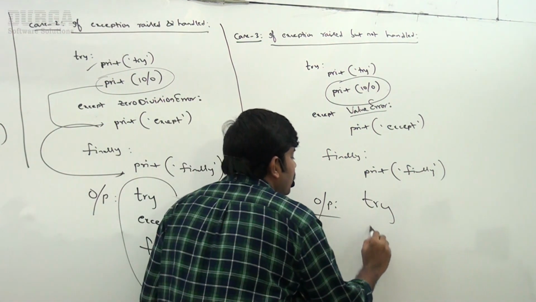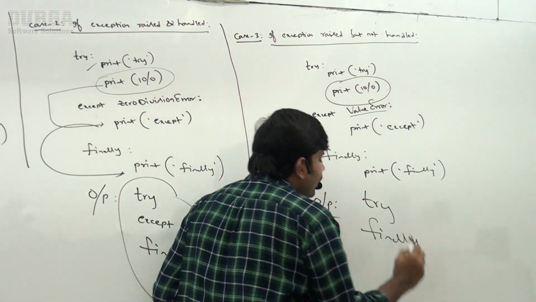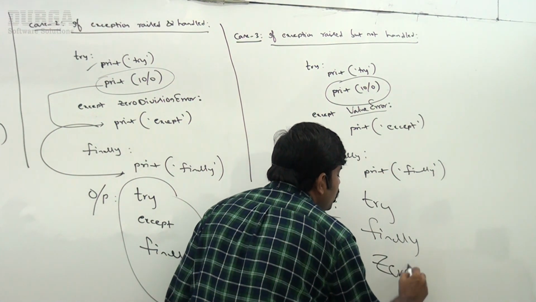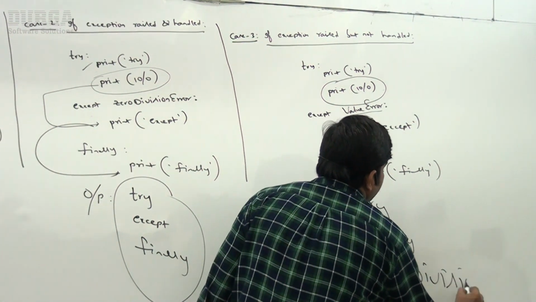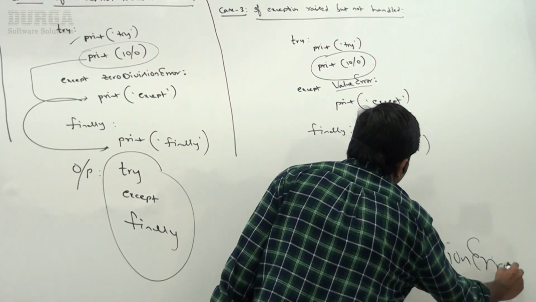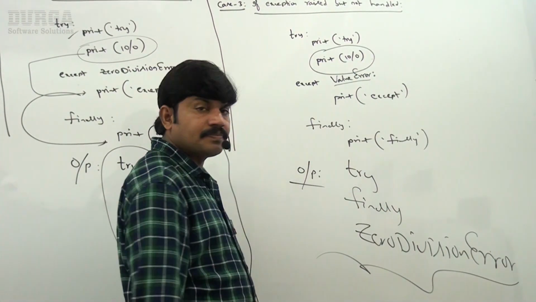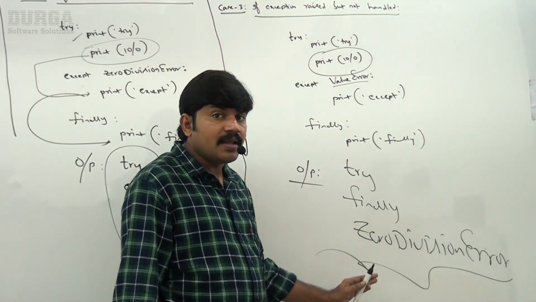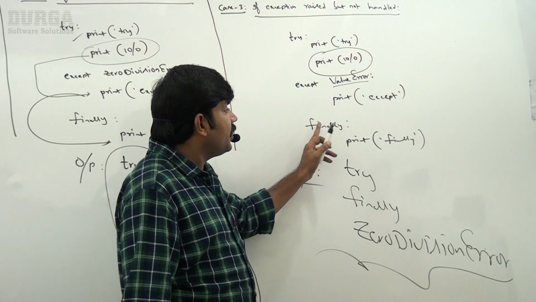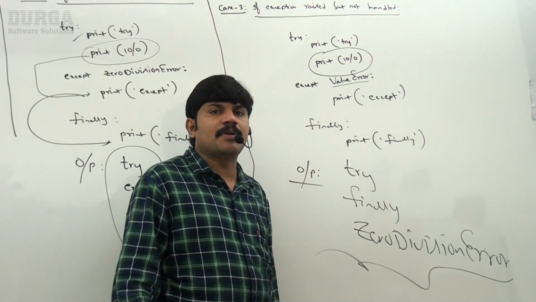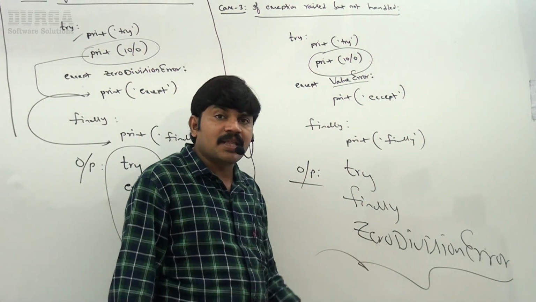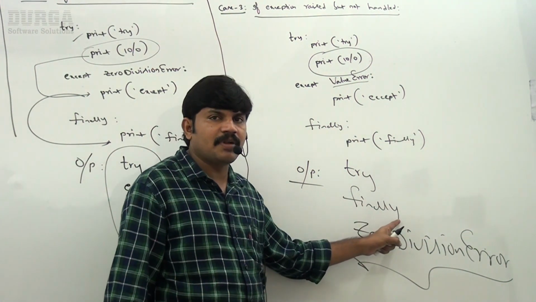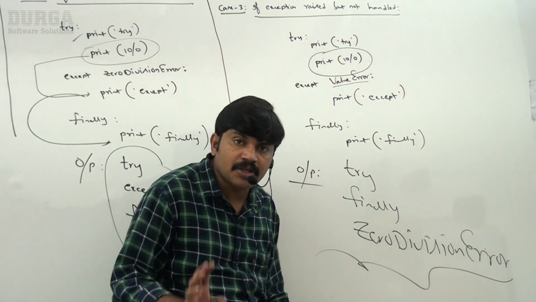The speciality of the finally block is that even in the case of abnormal termination, the finally block will be executed. First the finally block, and then abnormal termination happens.